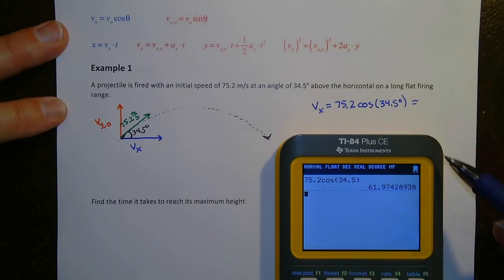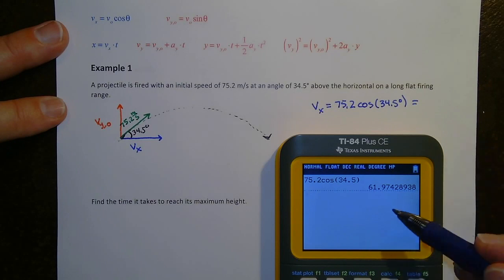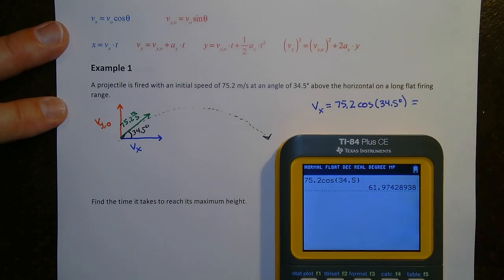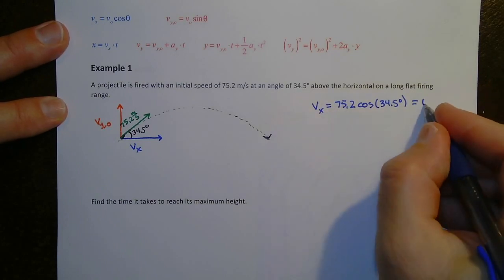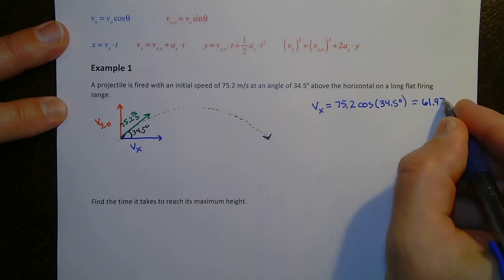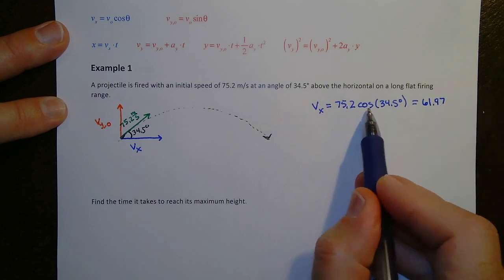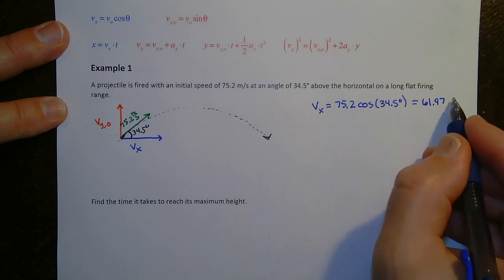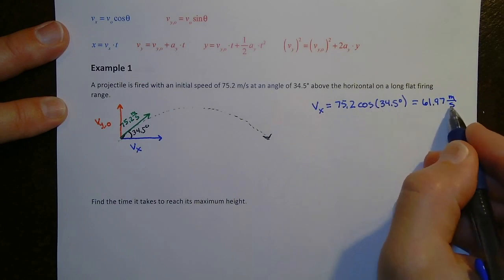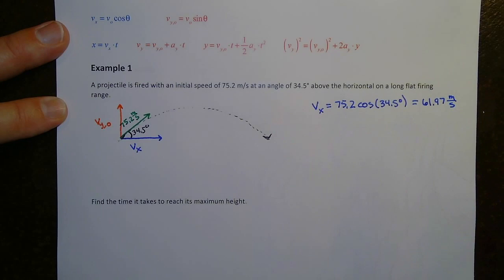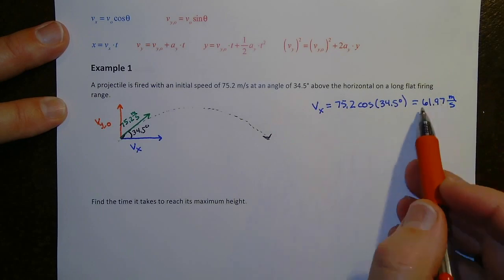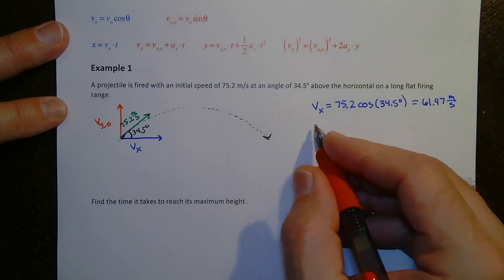So on these intermediate steps, okay, I want you to go 2 decimal places, okay? So 61.97. This was meters per second, and when we do cosine, there's no units, so this is still meters per second. So that's the horizontal velocity, okay, starting, and it's going to be the velocity the entire time horizontally, okay?